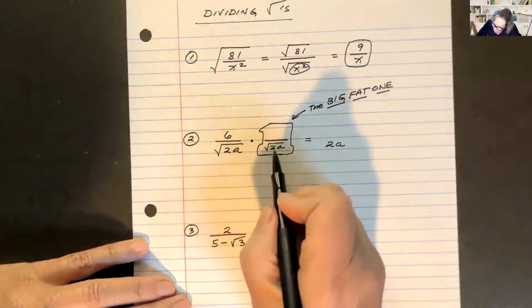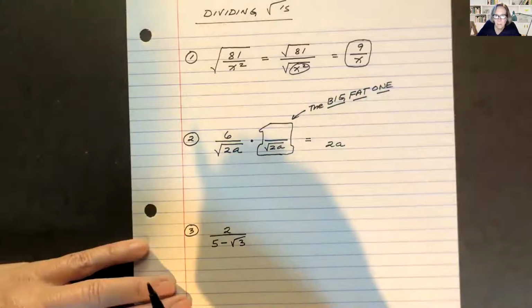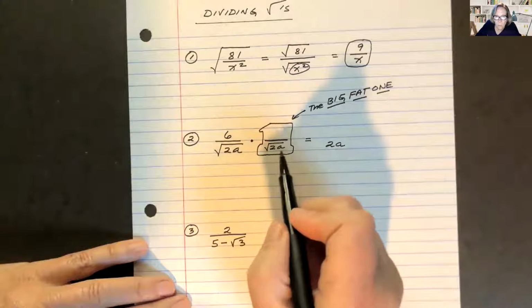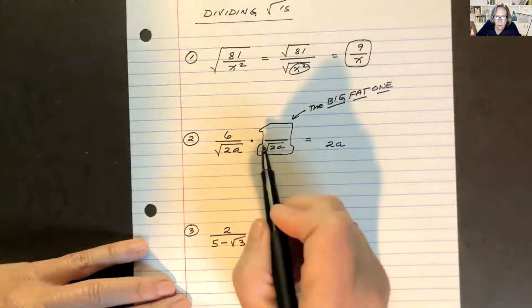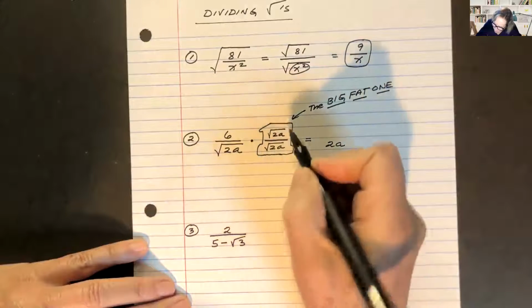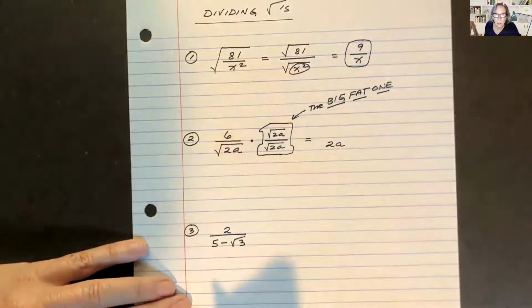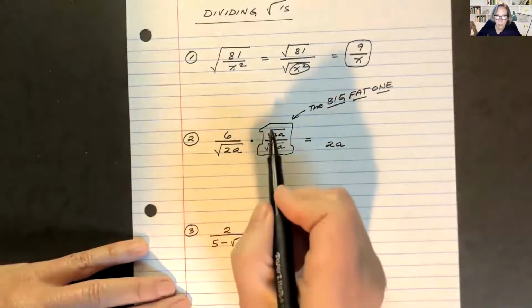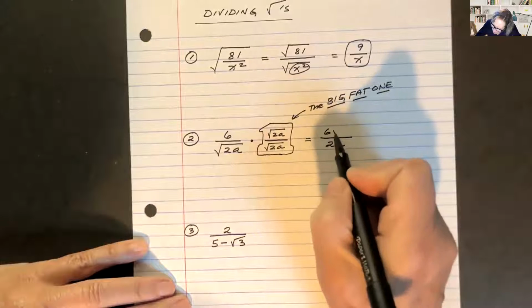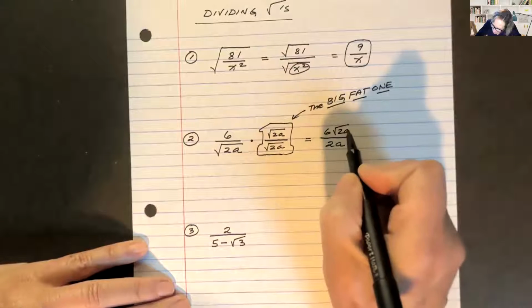It's something that when multiplied by itself gives me that thing. So I can't just multiply by 1 over root 2a, because that will change the value of this. But if I put this as the square root of 2a over itself, that is really just a big fat 1. And then I multiply the numerator by the square root of 2a. So 6 times the square root of 2a.